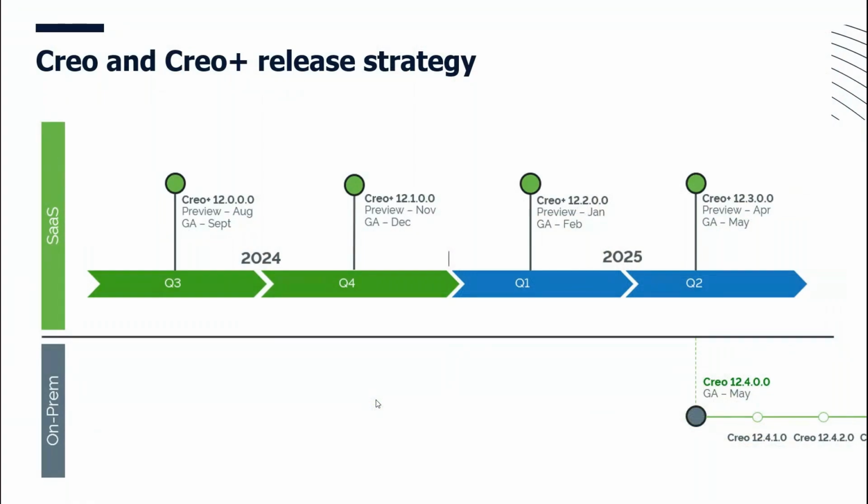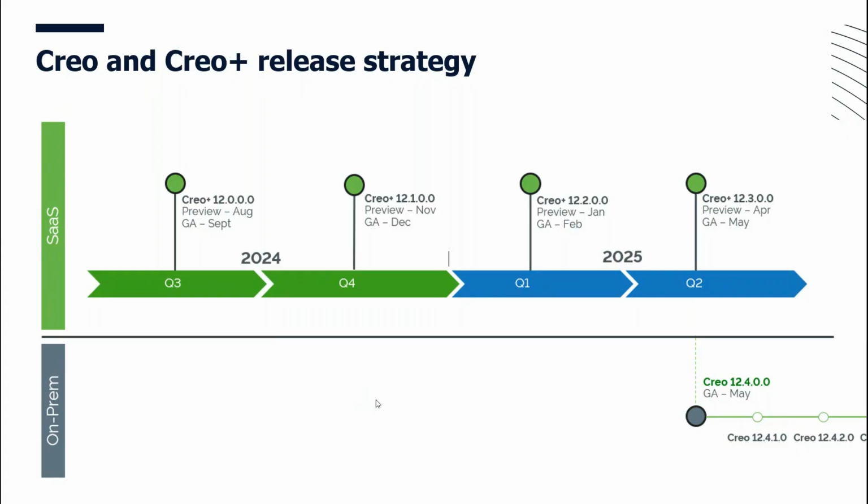I'm going to start with a small introduction about the release strategy and what PTC has changed in that. So as of Creo 12, last year in Q3, they already started with Creo 12, but only for Creo Plus. So what they've done now is they released 4 versions already, smaller versions which need smaller testing and easier follow-up.